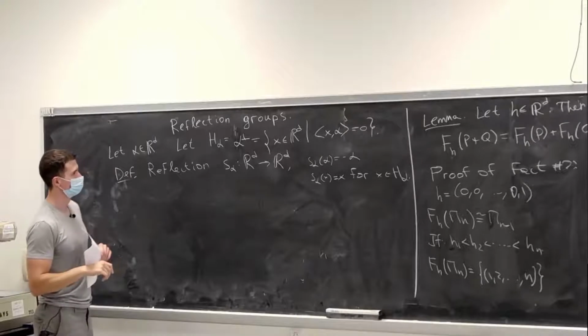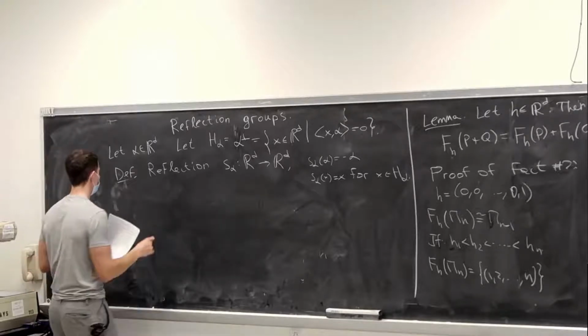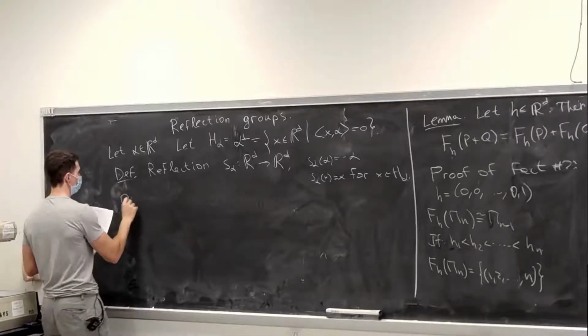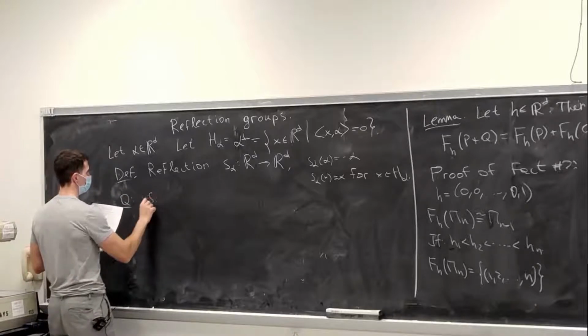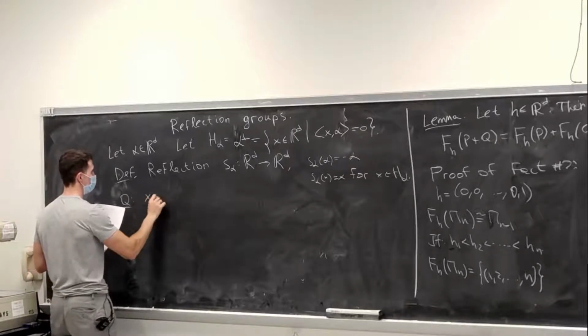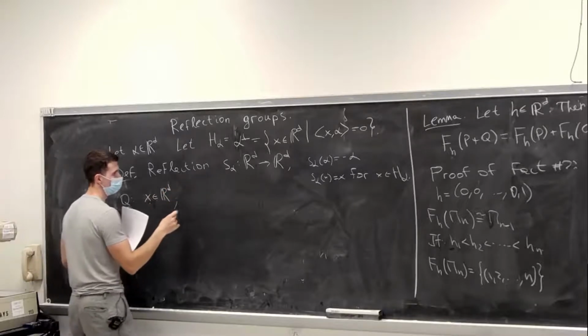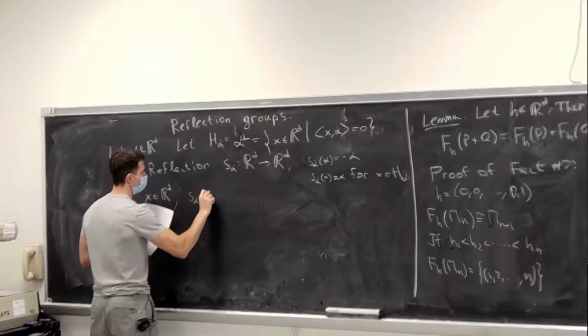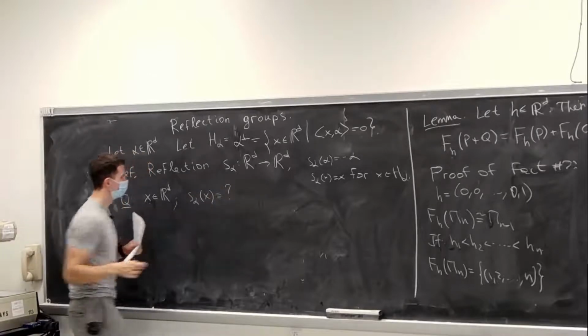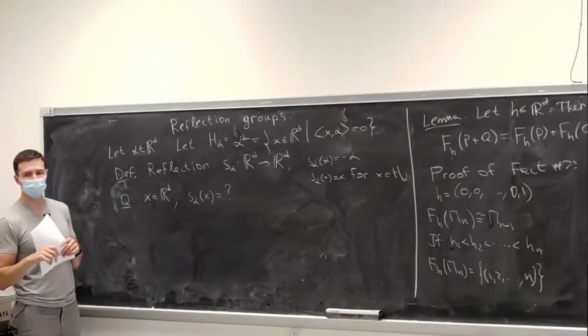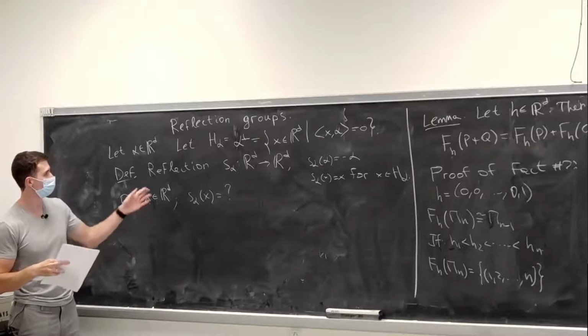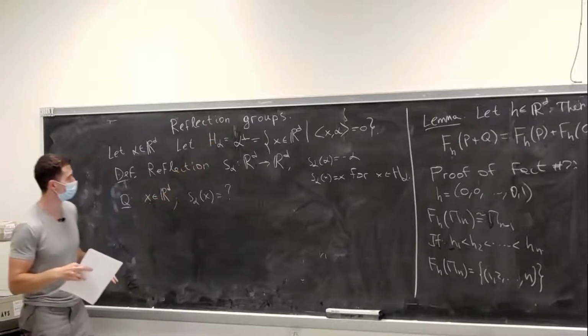Okay. So here's the question: if you have an arbitrary vector x, let's say with coordinates or whatever, what is the formula for the reflection of x with respect to this hyperplane?